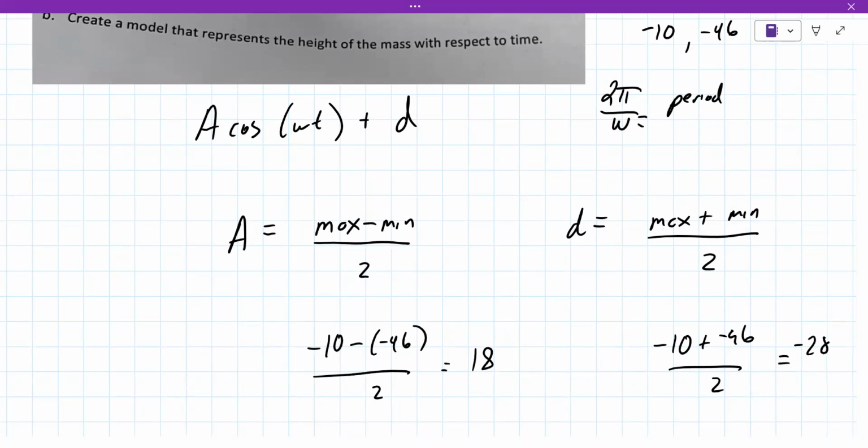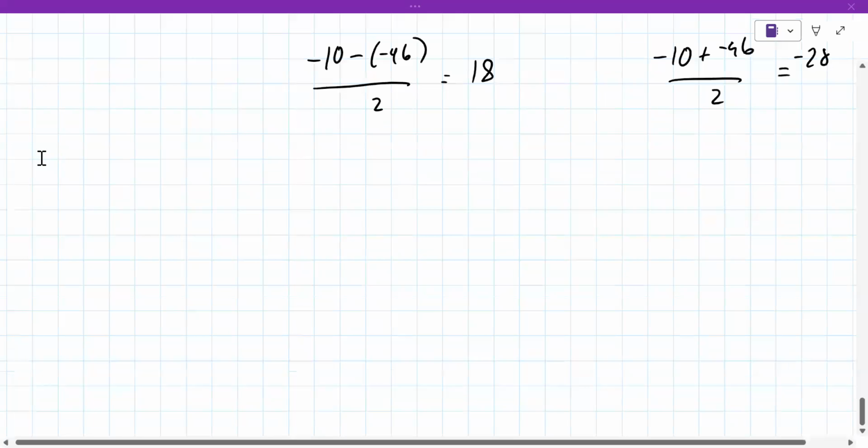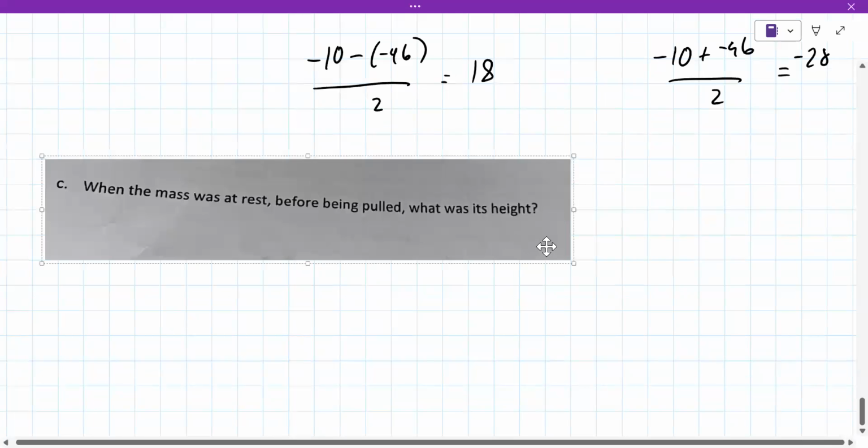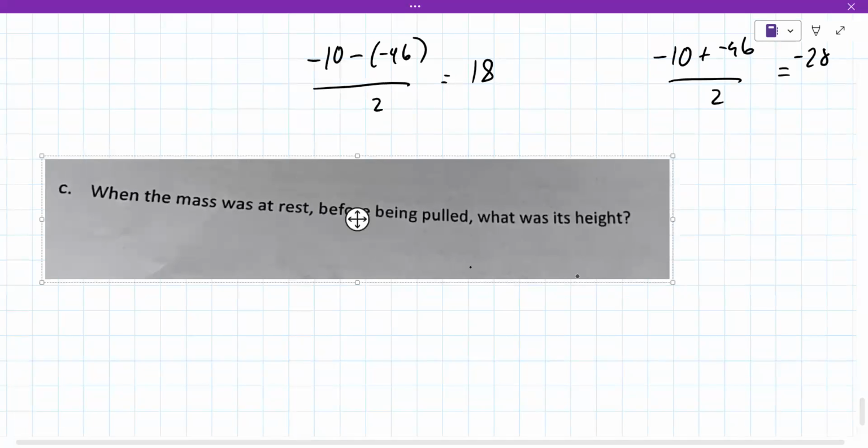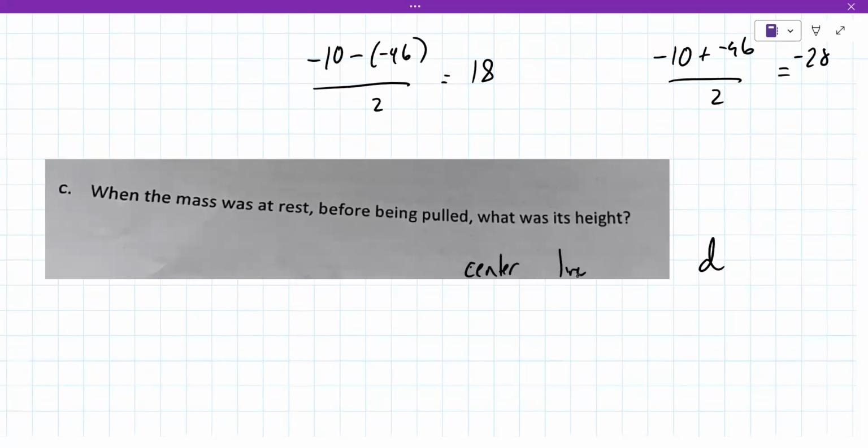All right, so let's look at part C. When the mass was at rest before being pulled, what was its height? So that's the center line. That's the D value.